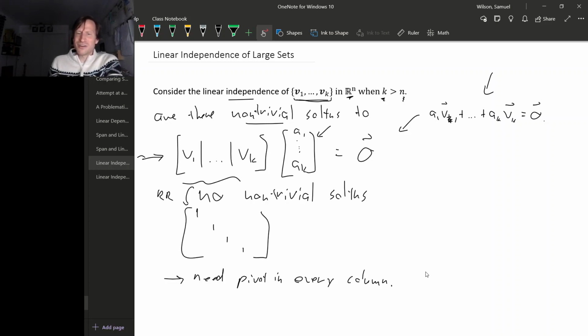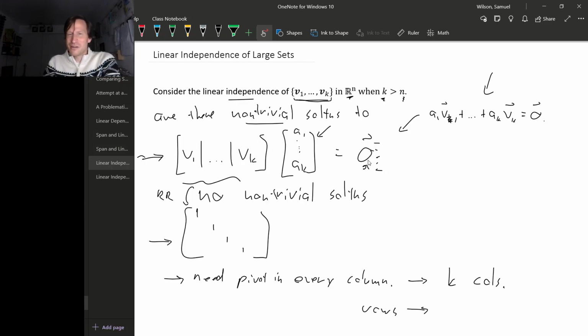Well, how many columns are there? In this matrix, there's a column for every a. Every vector v is a column, but there are k of them, so there are k columns. How many rows are there? There's one row for every entry.